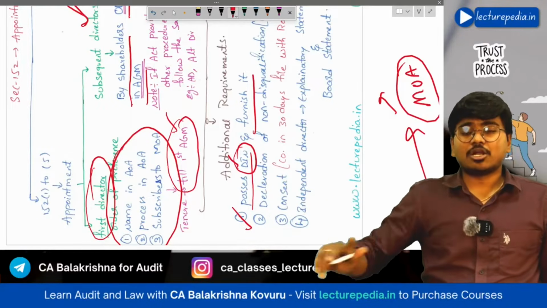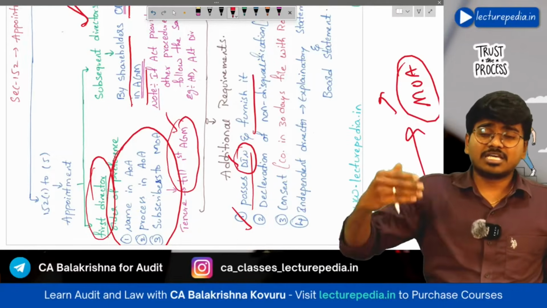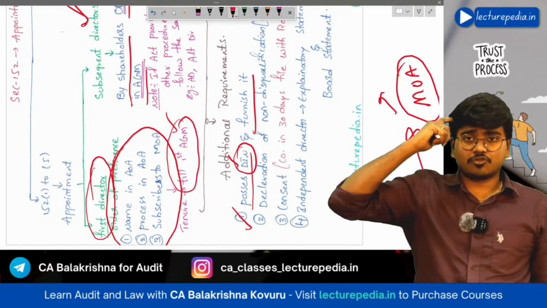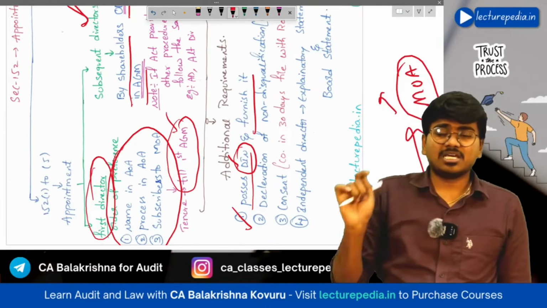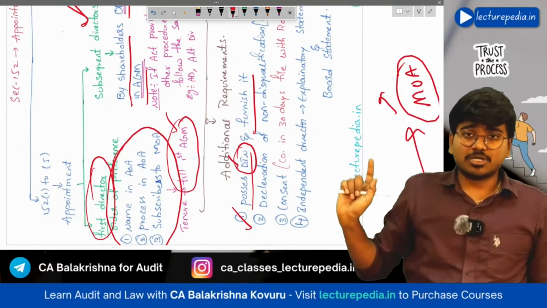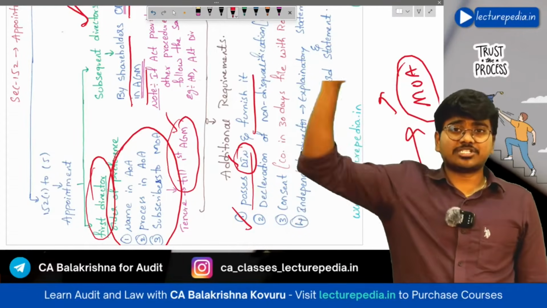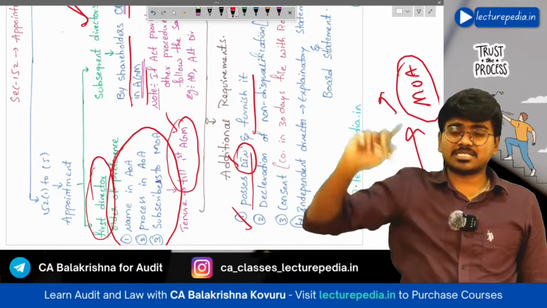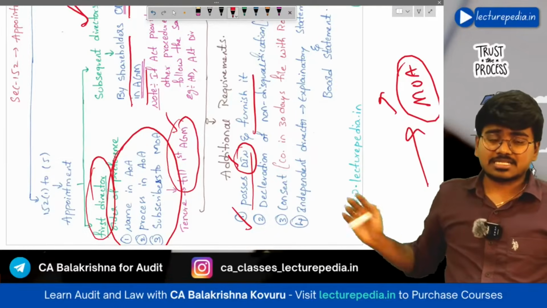Without DIN, you cannot appoint such a person as a director. This DIN will be given by MCA, Ministry of Corporate Affairs. If you make an application to MCA, they will allot a DIN to you. There are various sections with respect to DIN also. Basically, from section number 152 to section number 157, we will be discussing provisions with respect to DIN, which we will discuss later on in this class itself.